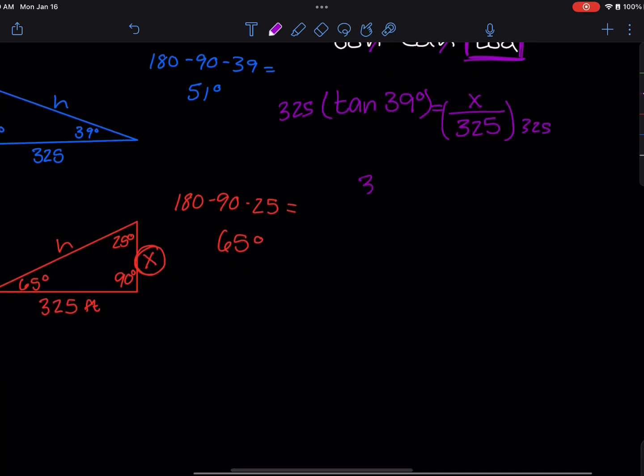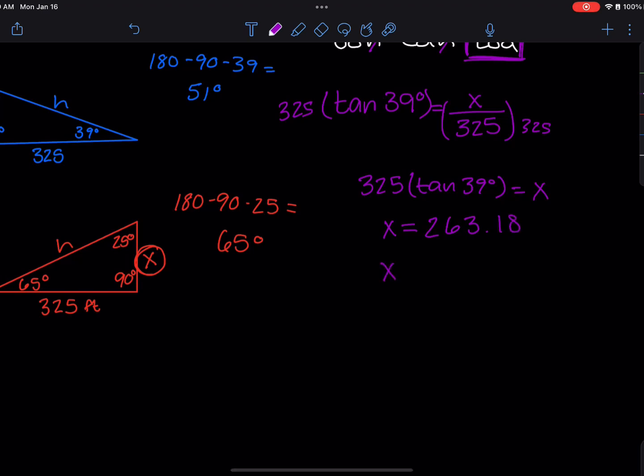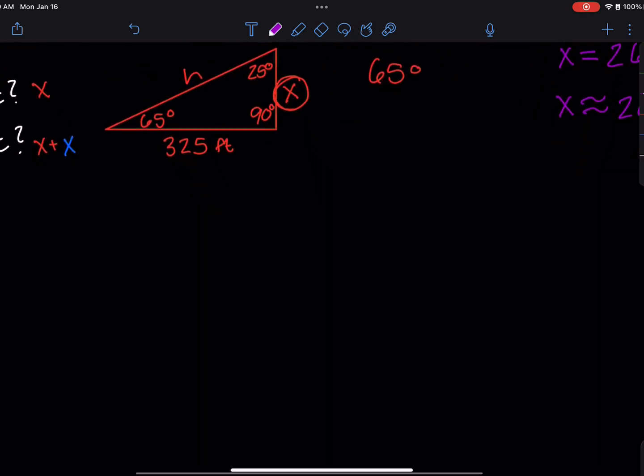And then we would have 325 times the tangent of 39 degrees is equal to x. So using our calculator, x would be 263.18 feet, or when using sig figs to simplify, we would have 263 feet.